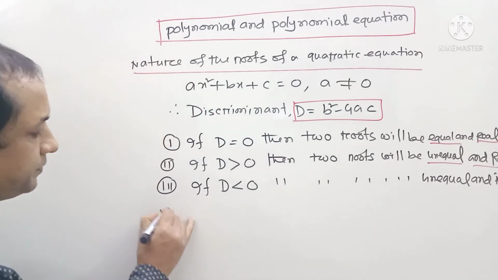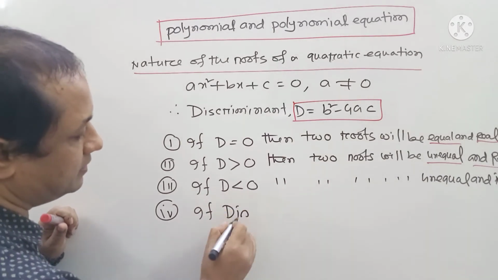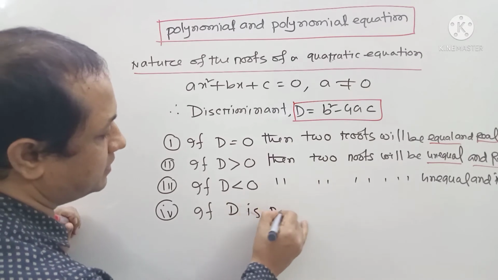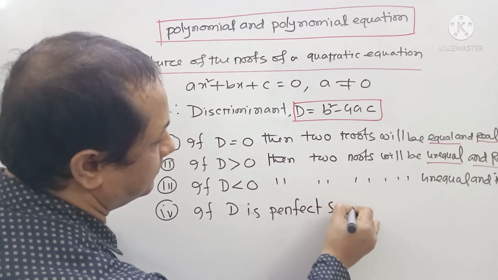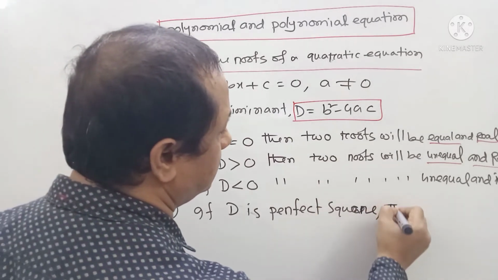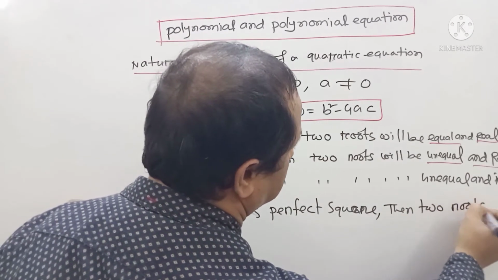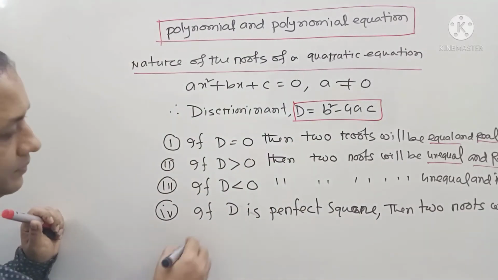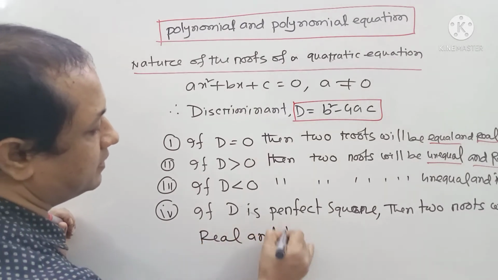Then number 4: if the discriminant d is a perfect square, then the two roots will be real and rational.